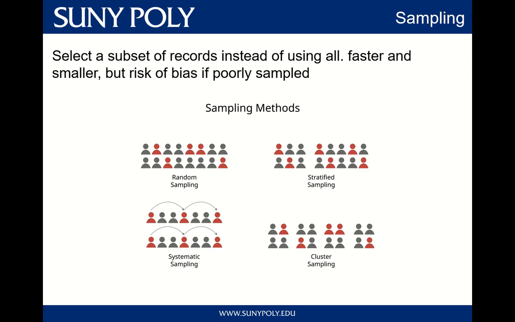So the first strategy, and I'm pretty sure that you have talked about this before, is sampling methods. So instead of using the complete data set, you can take a subset of the records. That's very common in real life, when you're conducting a poll, like a survey, typically you won't get access to the complete population.